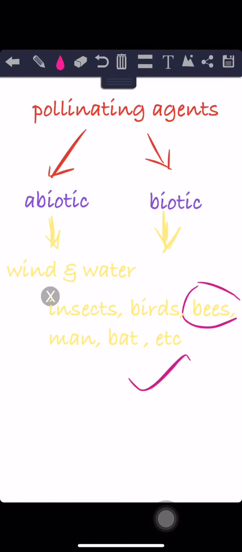If pollination occurs through wind, we call it anemophily. If through water, hydrophily. Insects, entomophily. Birds, ornithophily, and so on. You just have to remember wind, anemophily; water, hydrophily; insects, entomophily; the rest is not so important.